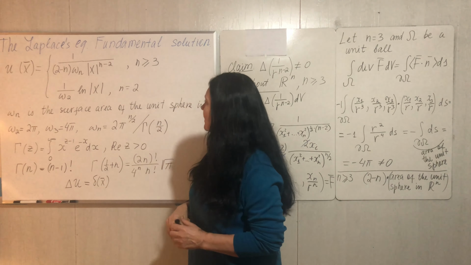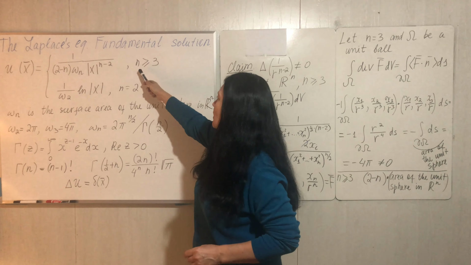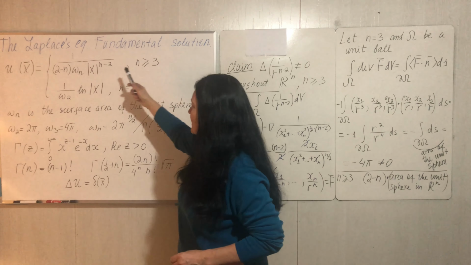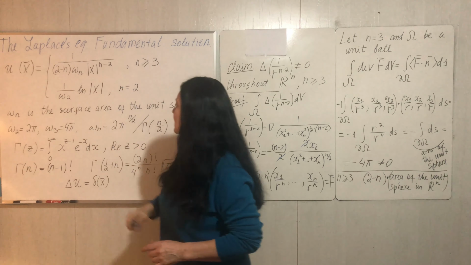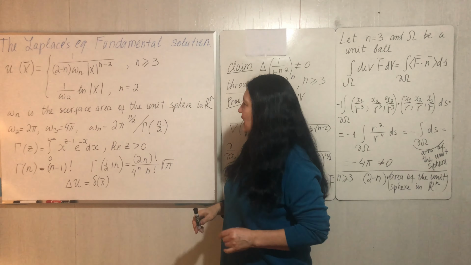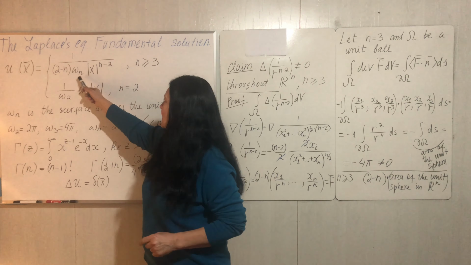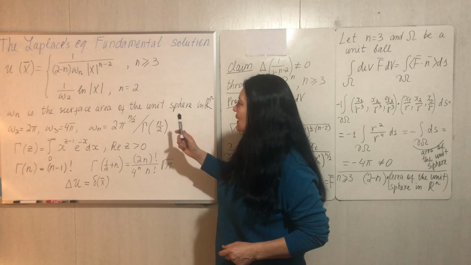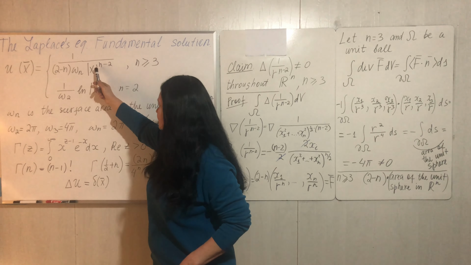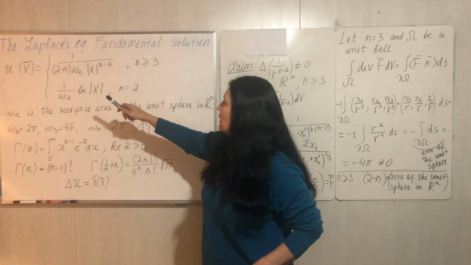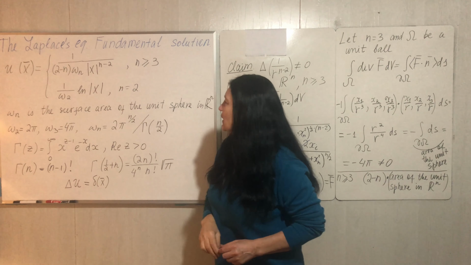Here I wrote this for n greater than or equal to 3: it will be 1 over 2 minus n, and omega n is the surface area of the unit sphere in R^n, and here would be just the magnitude of our vector x to the power n minus 2.